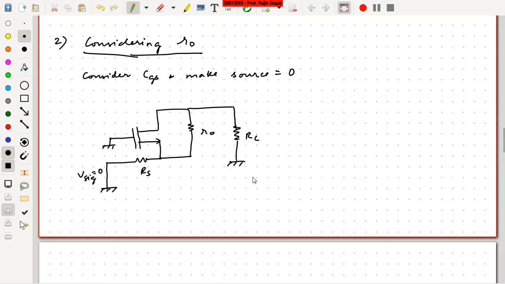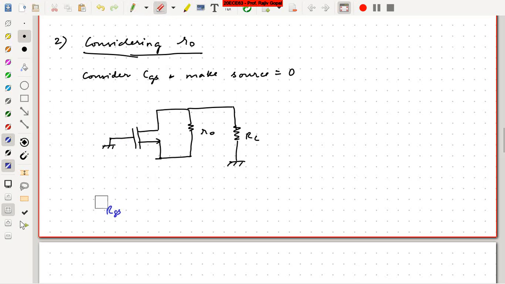Now what is the impedance seen across the capacitor CGS? I will bring that capacitance down like this, and here I'm going to see what RGS is in this direction.